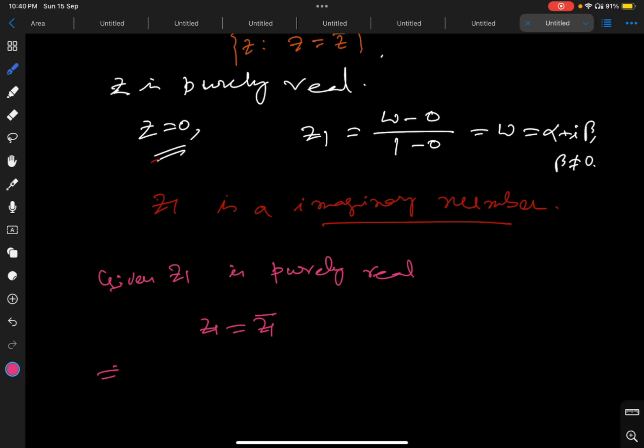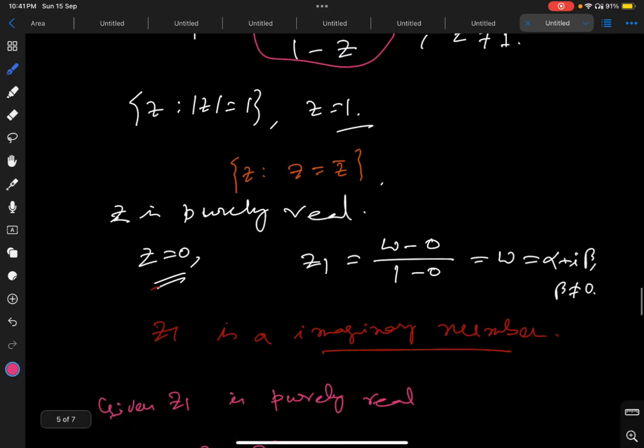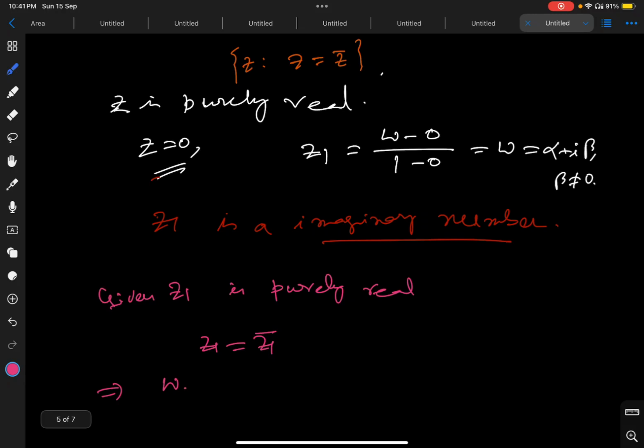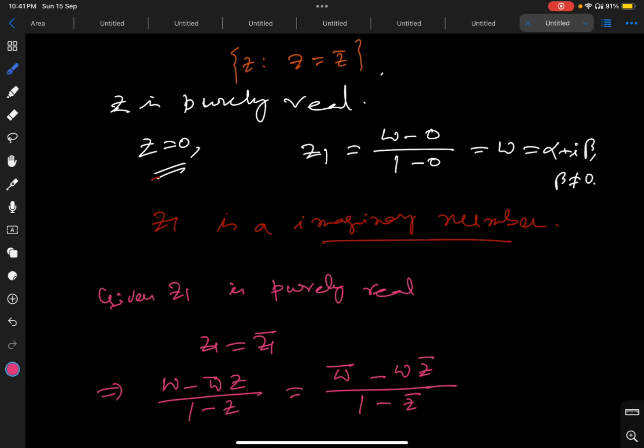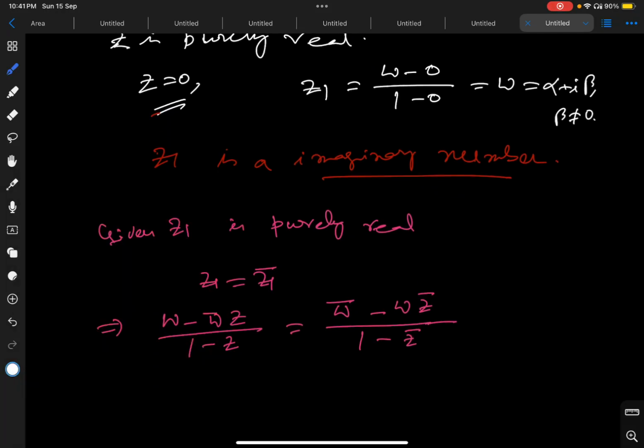Okay, so what is my z1? Omega minus omega bar z by 1 minus z. And what is my z1 bar? Omega bar minus omega z bar by 1 minus z bar. Now we will do some simple calculation.